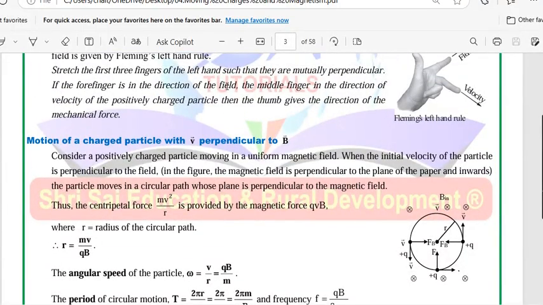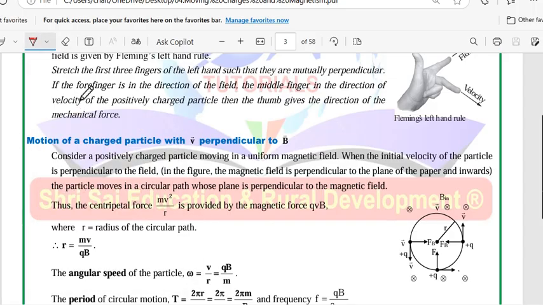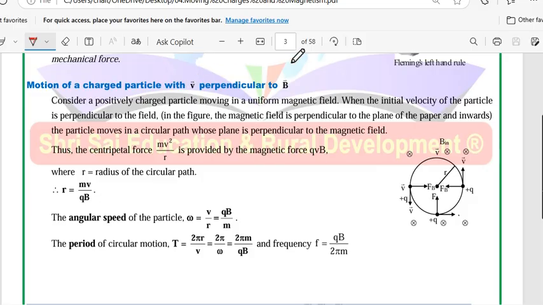So in today's class, let me discuss the motion of a charged particle with velocity v bar perpendicular to the B bar.